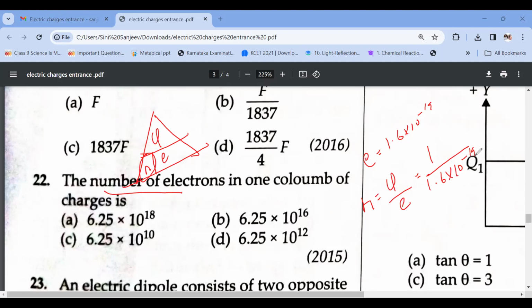So from this itself, I can eliminate 10 power 12, 10 power 10, 10 power 16 also, and minus 9. It will be very close, either 20 or 18 or 19. So option A is the correct answer.